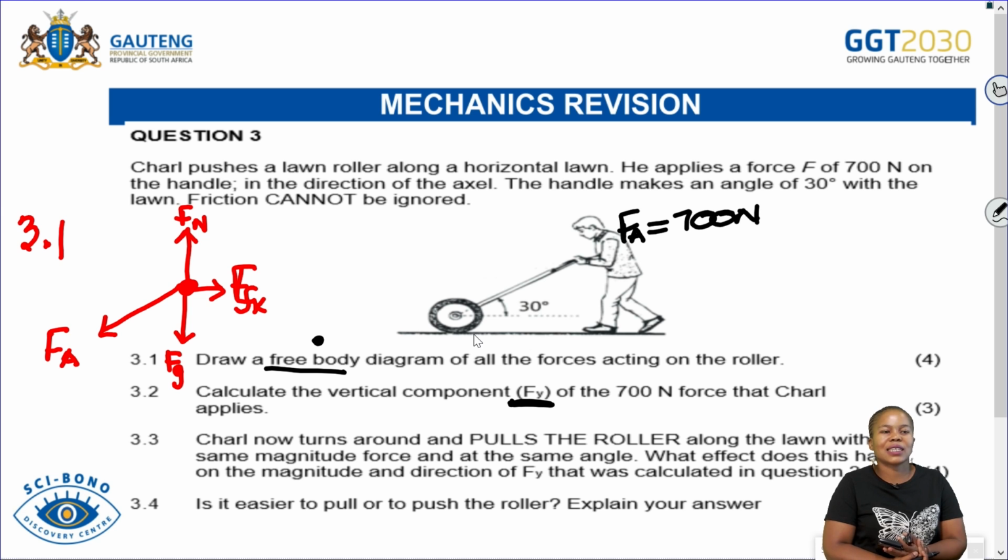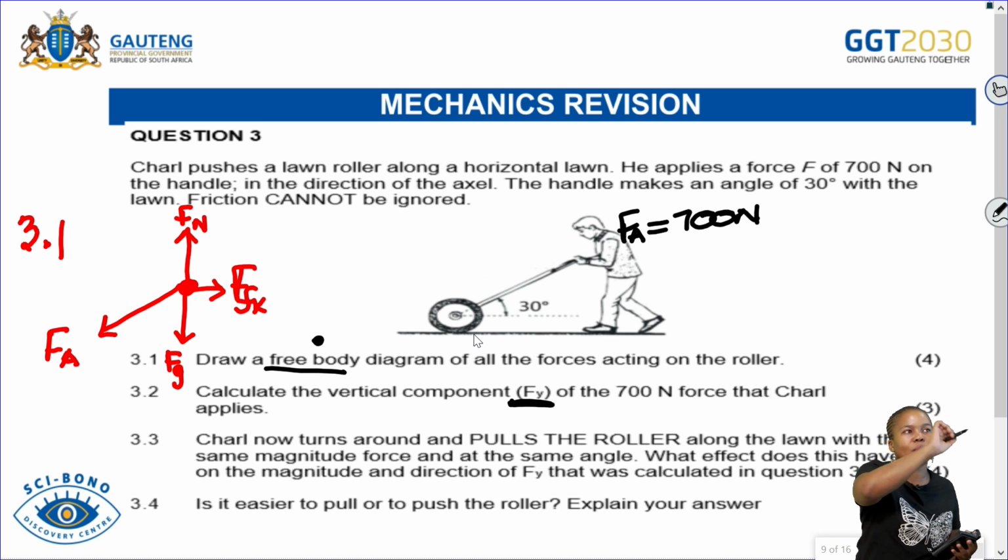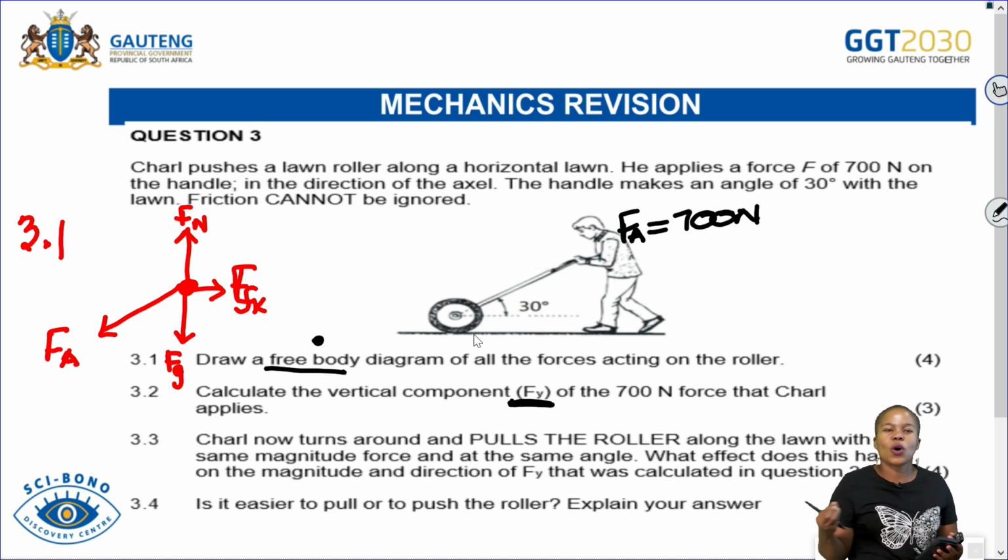What effect does it have on the magnitude and direction of Fy that was calculated in question 3? So whether he is pushing or pulling, will there be a difference? Remember, a force is a push or pull. So will there be a difference when he's pushing as compared to when he's pulling?